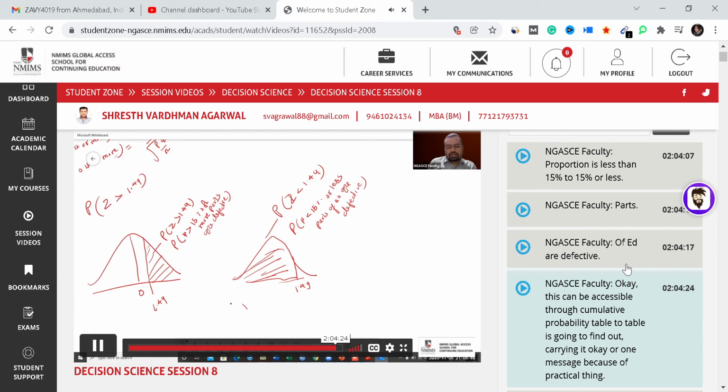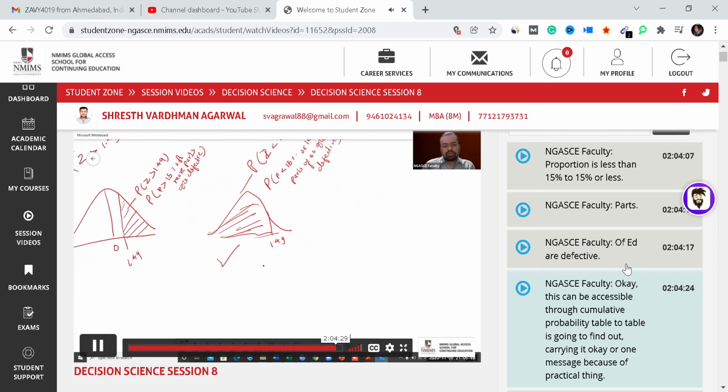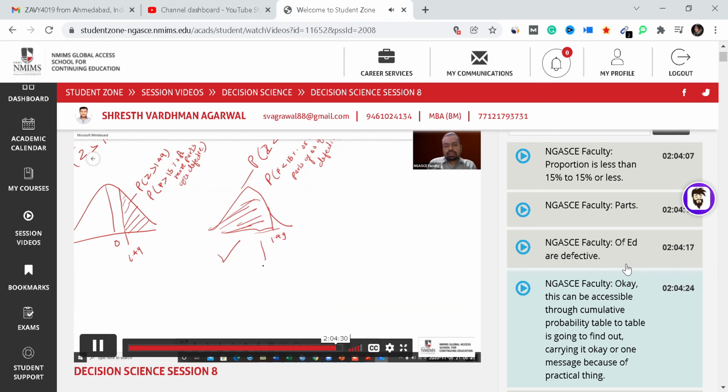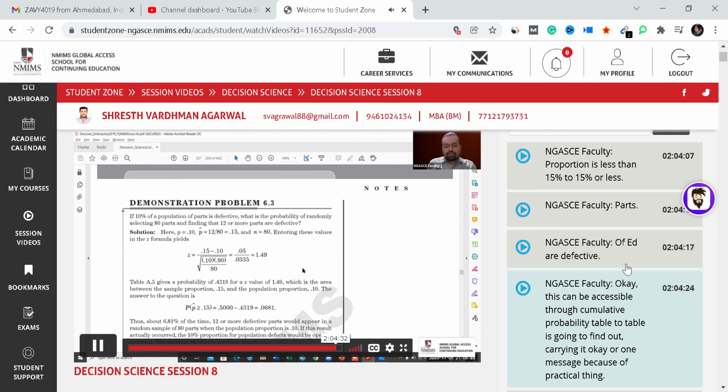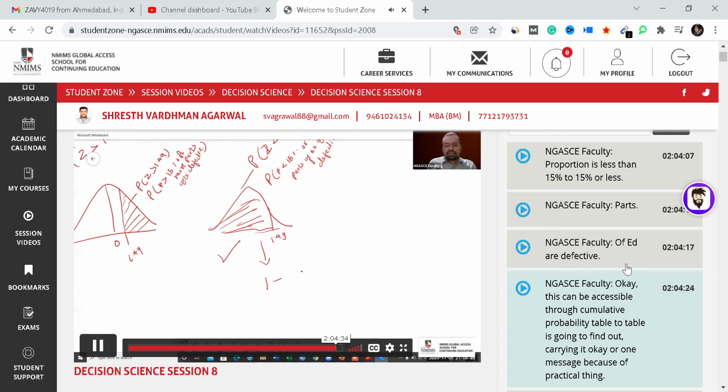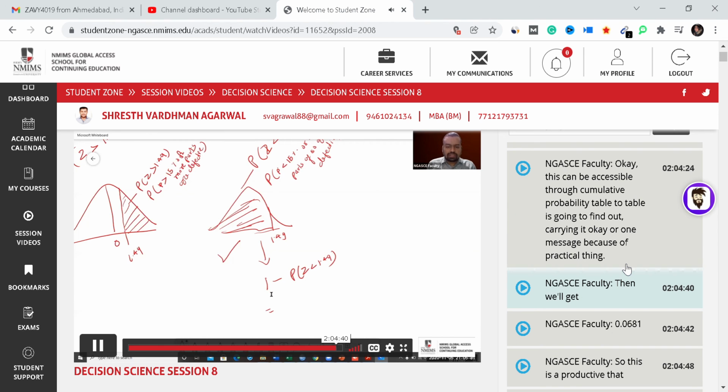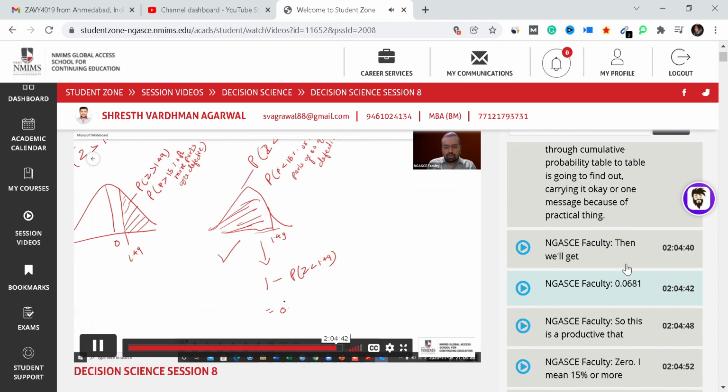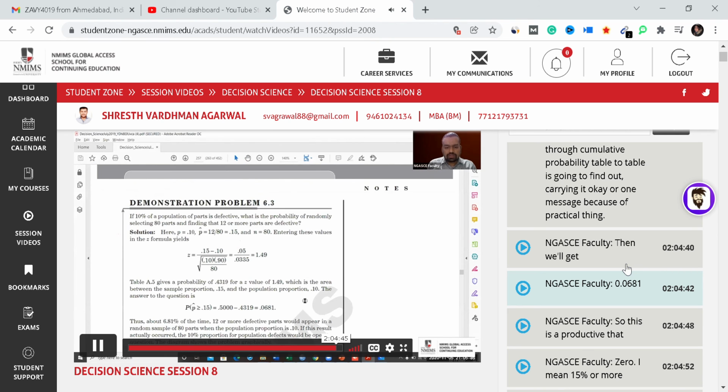This can be accessed through the cumulative probability table. So we will find it from the cumulative table and subtract it from 1, then we'll get 0.0681.